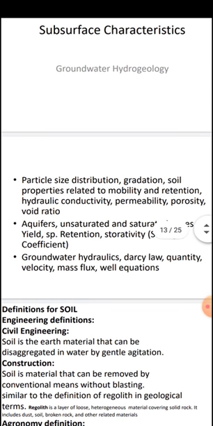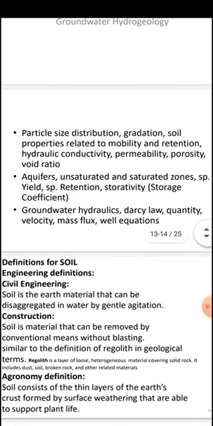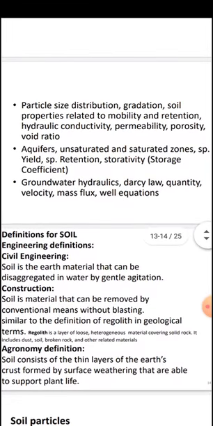So both have different characteristics, and the behavior of contaminant is also different. So the particle size distribution, gradation, soil properties related to the mobility and retention, hydraulic conductivity, permeability, porosity, void ratio, all these things are important factors.